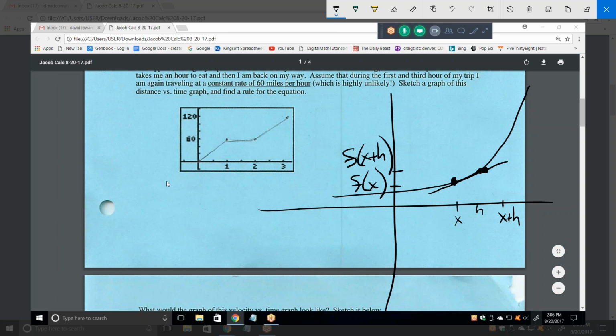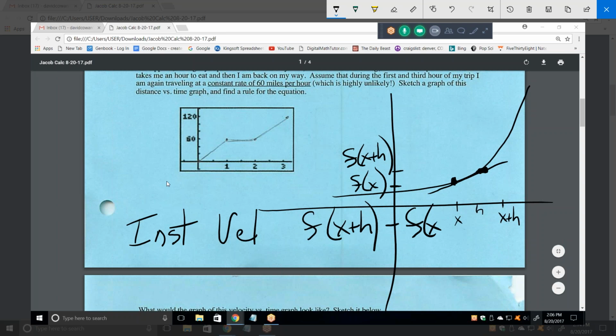So if I want to turn this into a calculus problem, I've got the instantaneous velocity is f of x plus h minus f of x all over x plus h minus x as h goes to 0.